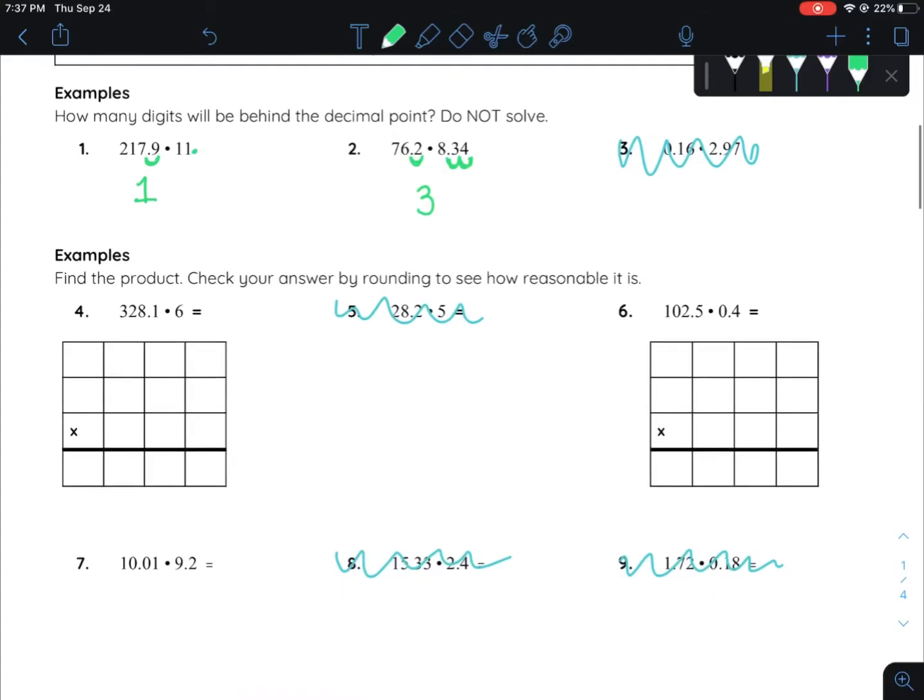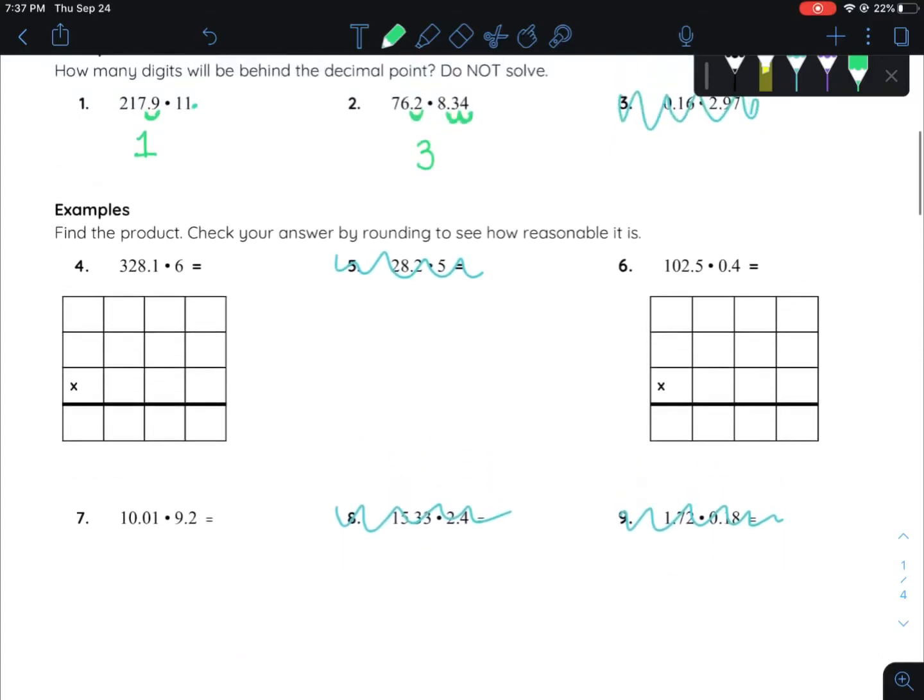Okay, let's try some actual multiplication now. 328.1 times 6. Remember, we just line them up at the edge. We don't care about that decimal point until the end. 1 times 6 is 6. 6 times 8 is 48, so 8 carry the 4. 6 times 2 is 12, plus 4 would be 16, carry the 1. 6 times 3 is 18.